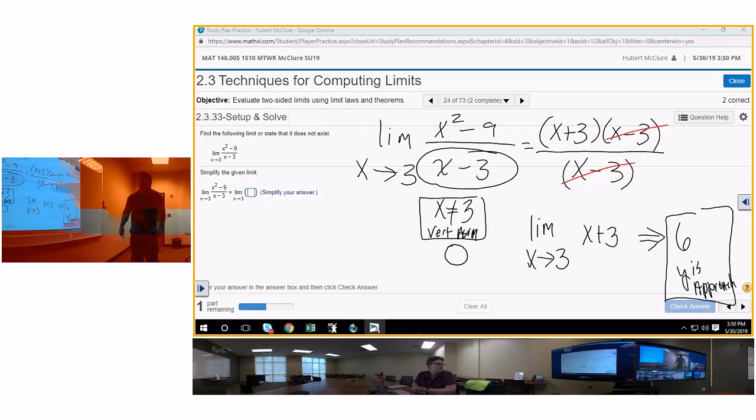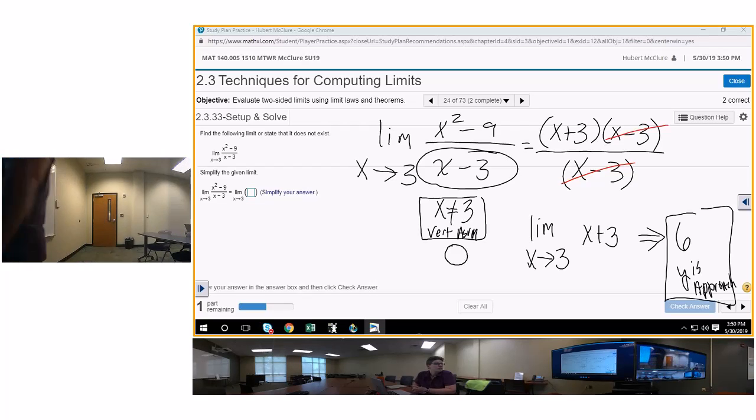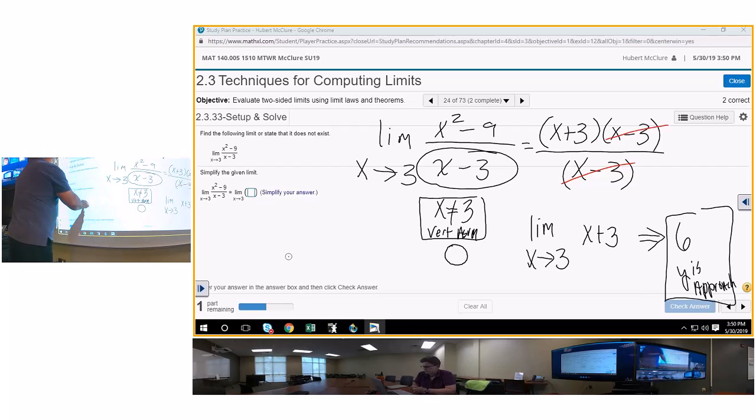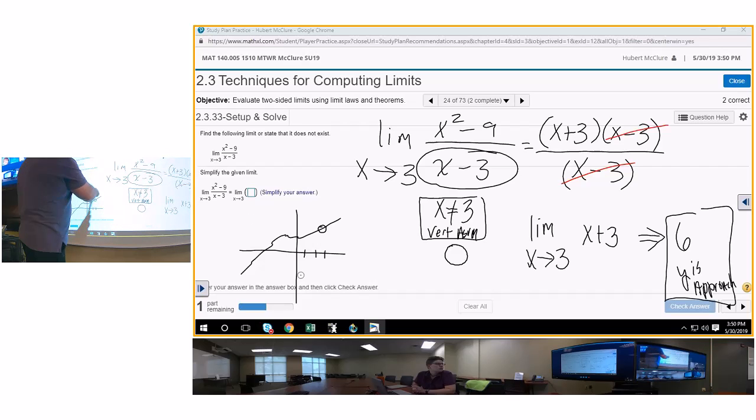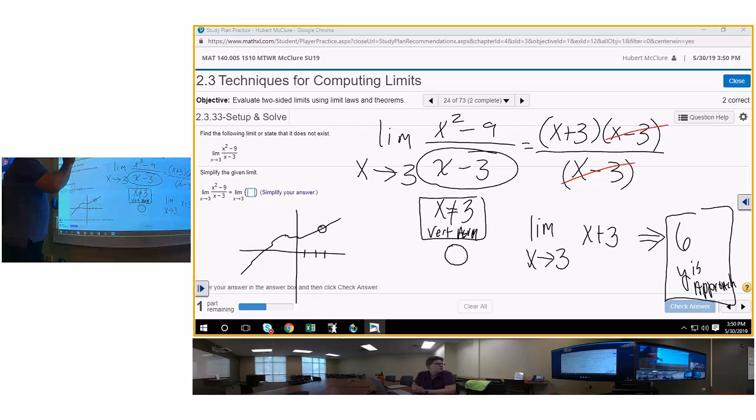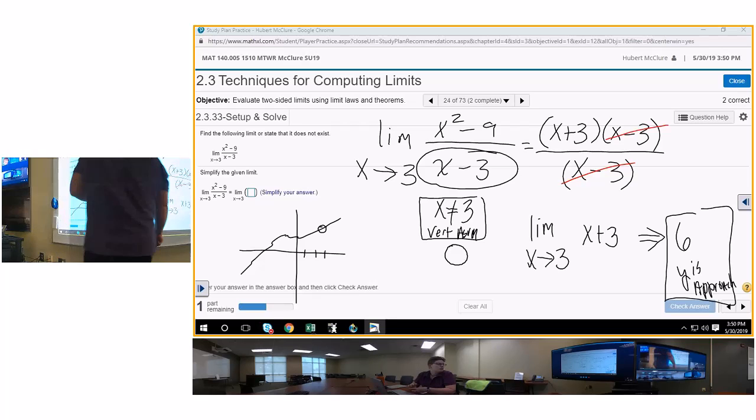So you're going to have some kind of function. I don't know what the function looks like, but you're going to have an open circle at 3, and up here somewhere it's going to be approaching 6. I don't have an example; you just have to graph it and see.